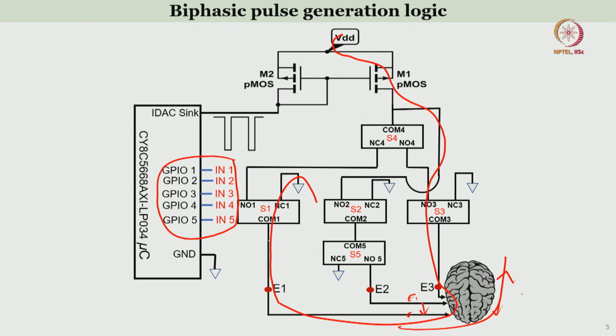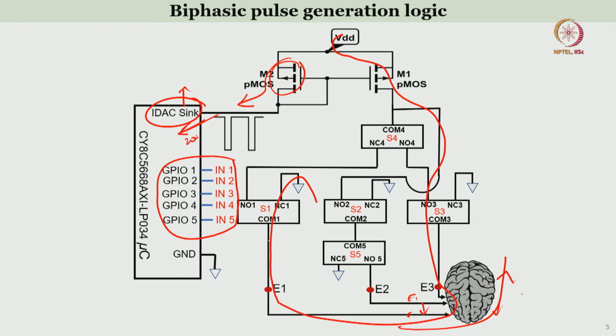Now, how the currents are generated is by using an IDAC block. Constant current digital to analog converter blocks will generate the current, right. Since this is in saturation, and these two are connected in series, whatever the current flows here, the same current has to flow.